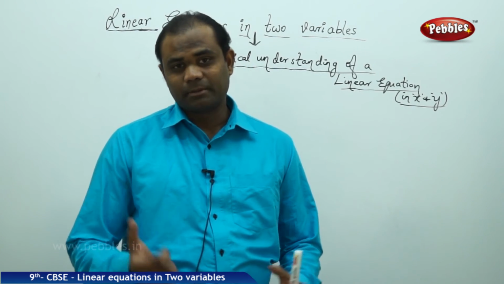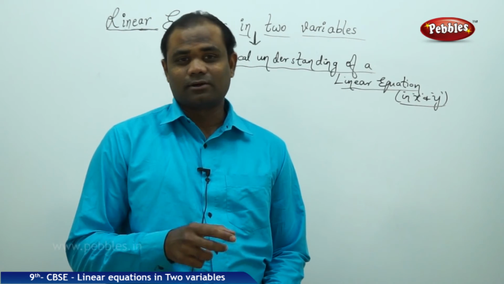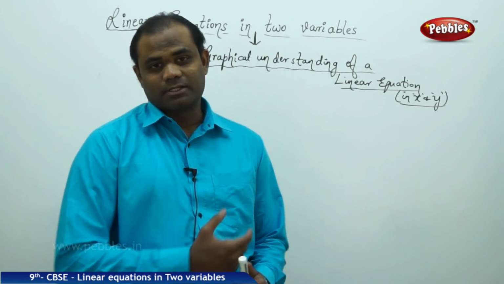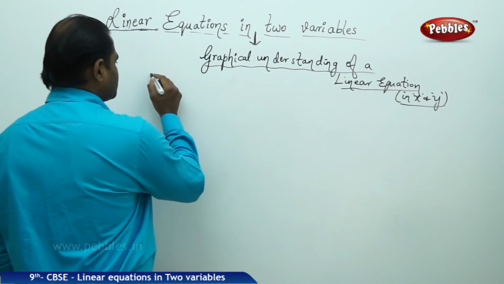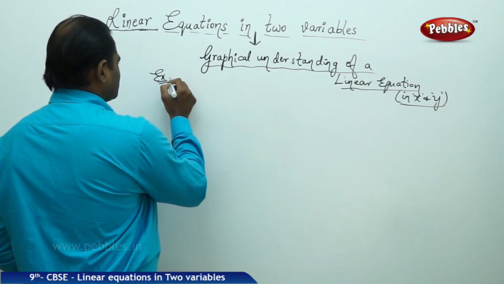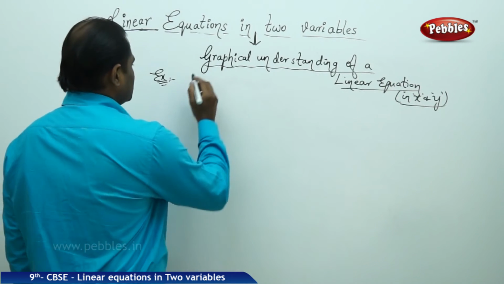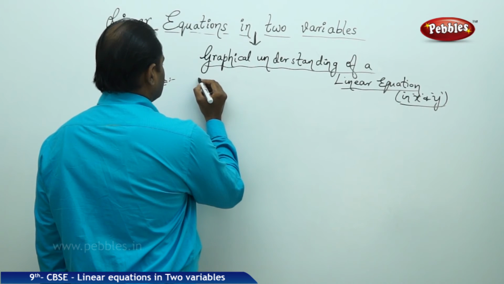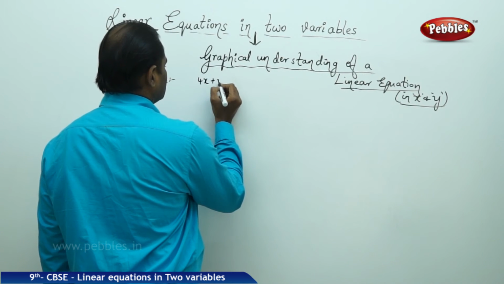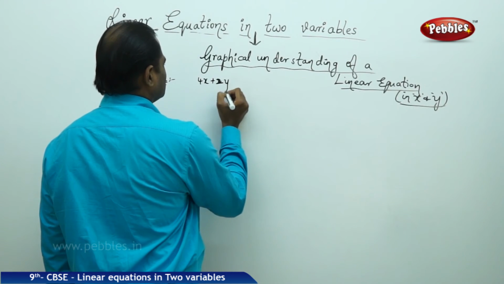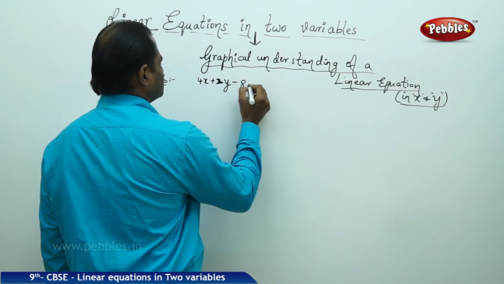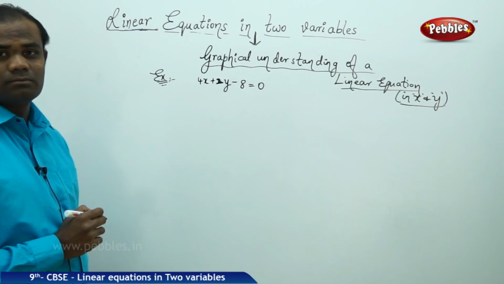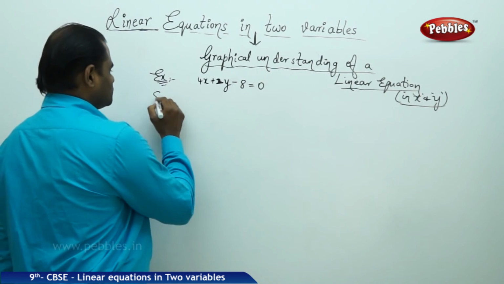Now let's take an example problem to understand the graphical concept of a linear equation better. For example, I have the equation 4x plus 2y minus 8 equal to 0, which is a linear equation.